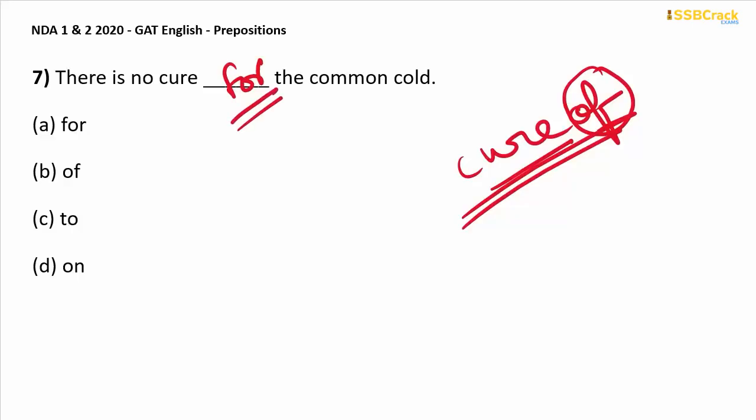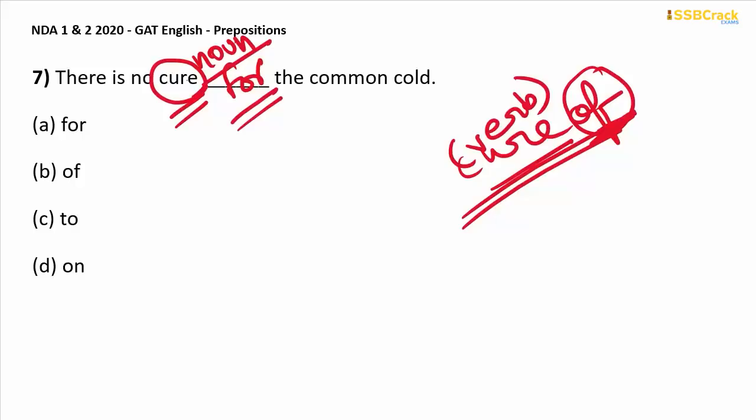You use for after cure when cure is used as a noun, but you use of after cure when cure is used as a verb. So here there is no cure for the common cold. Here cure is used as a noun. It is not used as a verb.